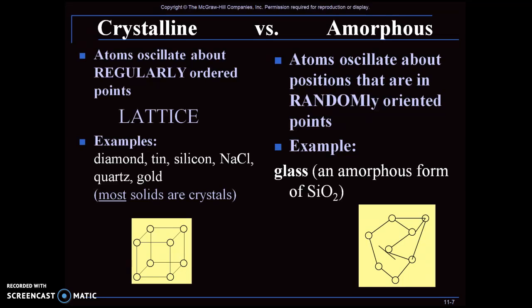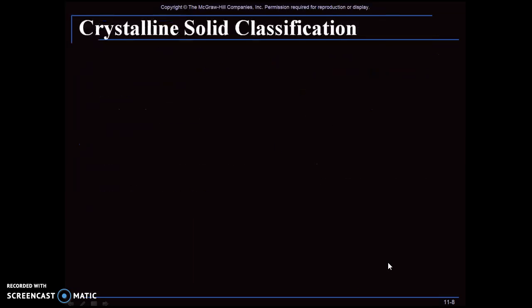Just like a car's windshield when it gets into an accident, the glass does not break in a particular order, but just breaks into small, tiny chunks. So that's an example of an amorphous material. You can see in the picture that it is vibrating at random shapes and randomly oriented points.